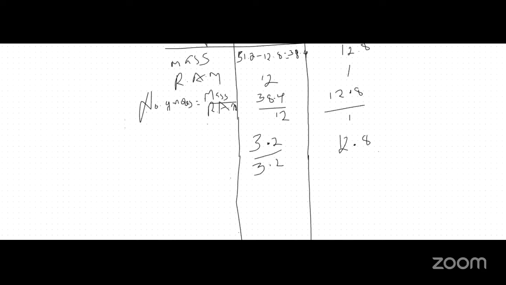Let me put the decimal bigger, over 3.2. So this one is easy. This one is 1. Now, what is the value of the other one? It is 4. This one actually is very easy.